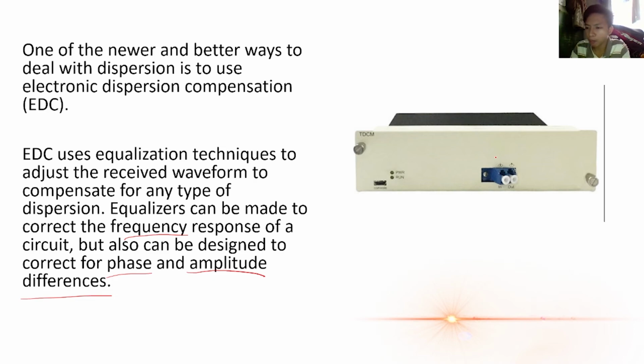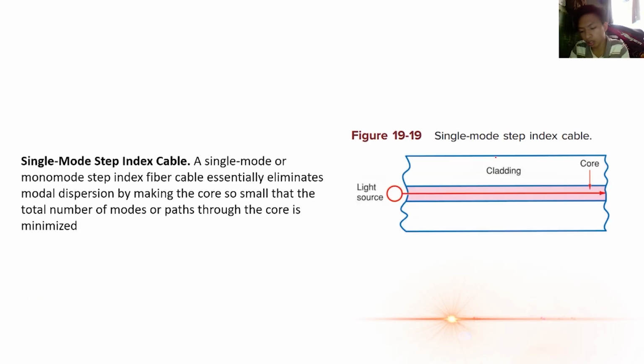One great idea in the next solution would be to avoid the dispersion at all, and that would be this one, single mode step index cable. So as you can see in this light source, there is no dispersion that happens since there are no multipath or multi pathways of the light source, which eliminates the modal dispersion.